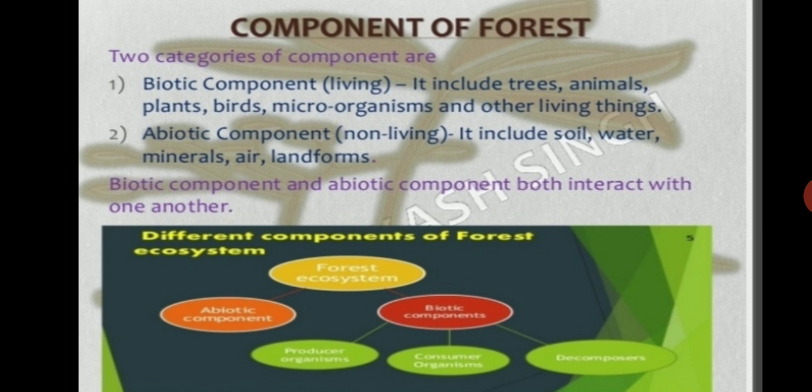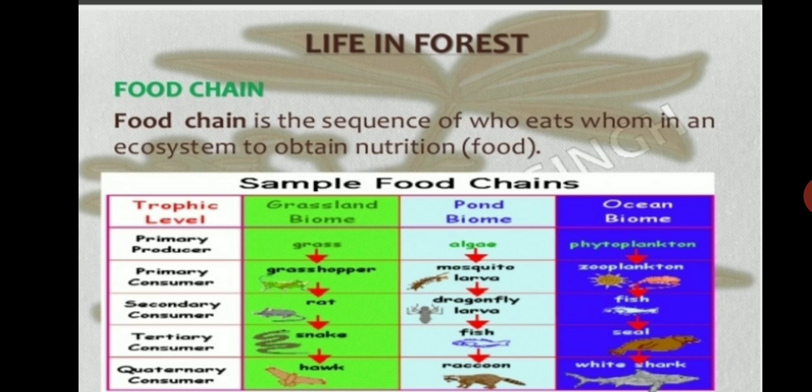The living components of a forest include trees, shrubs, vines, grasses, other herbaceous plants, mosses, algae, fungi, insects, birds, reptiles, and many microorganisms. Whereas the non-living components of the forest include soil, water, minerals, air, landforms, and temperature. The different living organisms and the non-living parts of the forest interact with one another. So life exists in the forest.